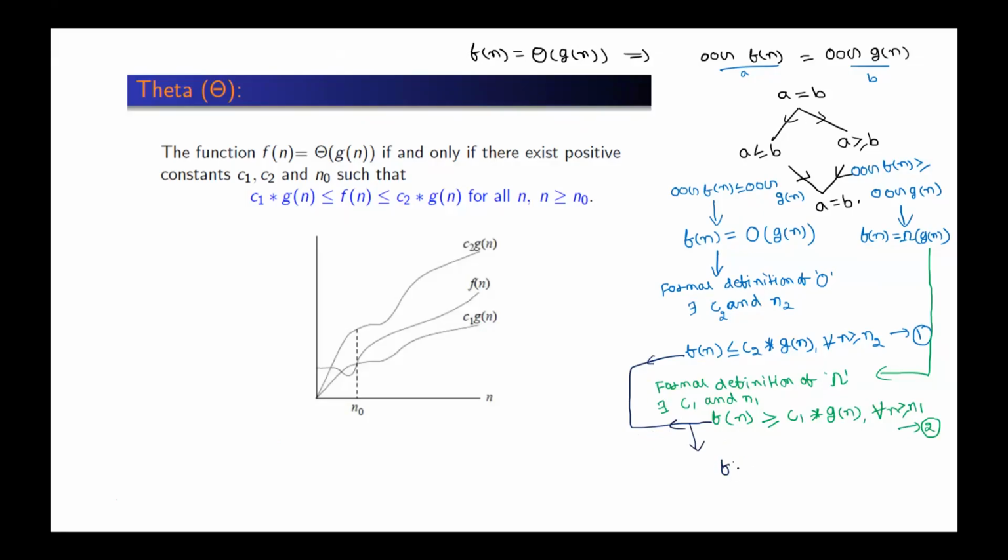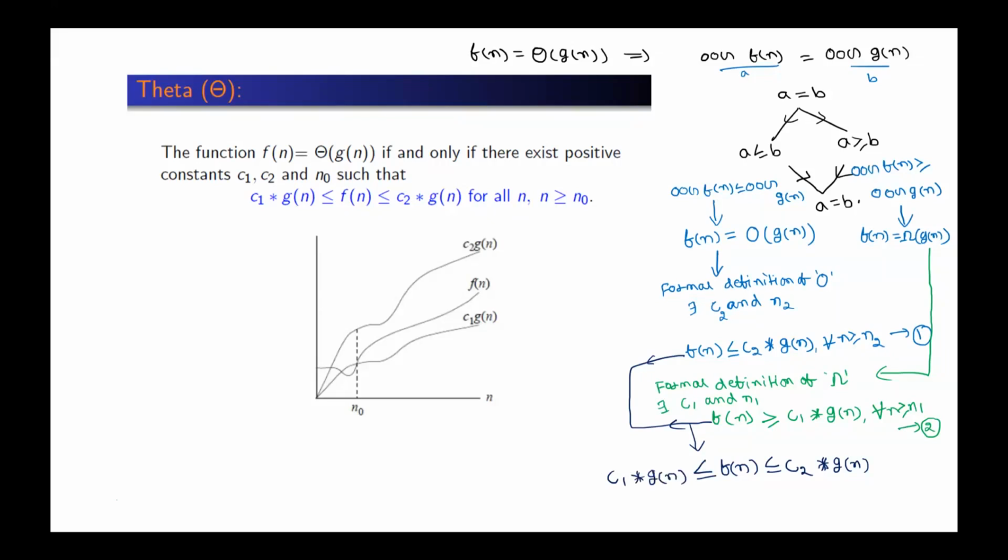This f of n is less than or equal to C2 into g of n, and the same f of n is greater than or equal to C1 into g of n.